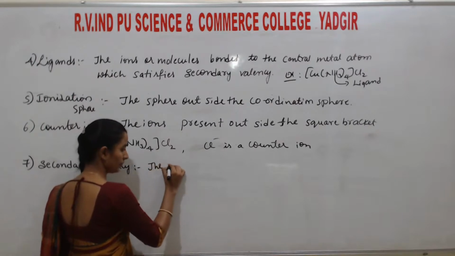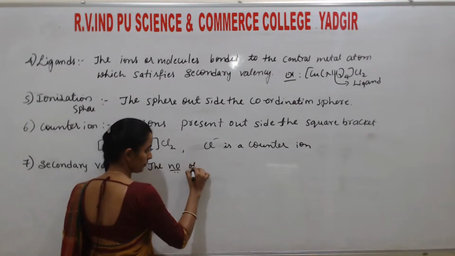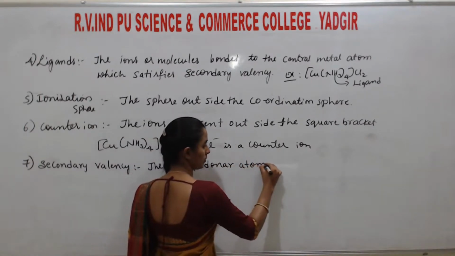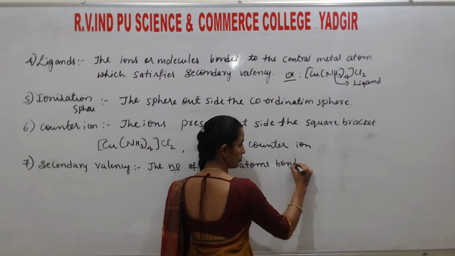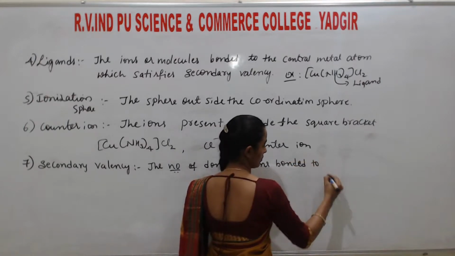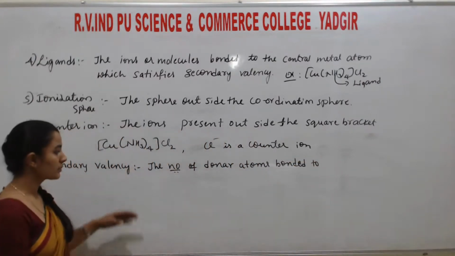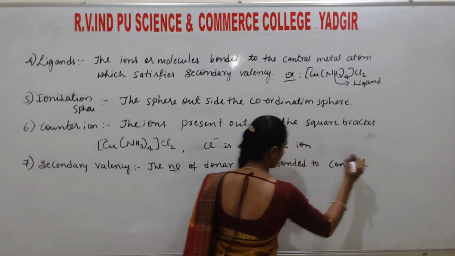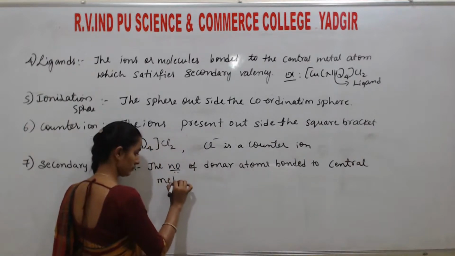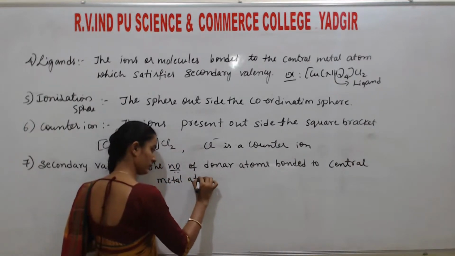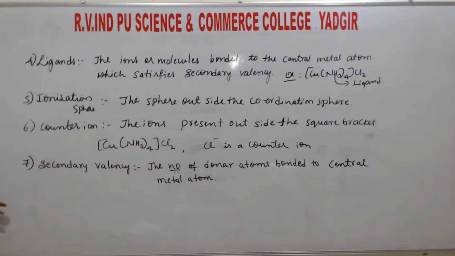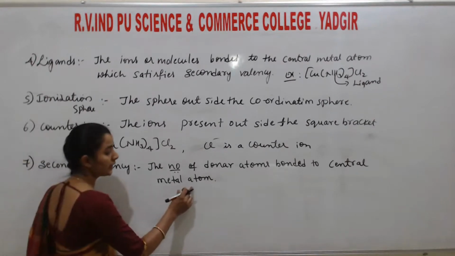The number of donor atoms bonded to the central metal atom is called secondary valency.